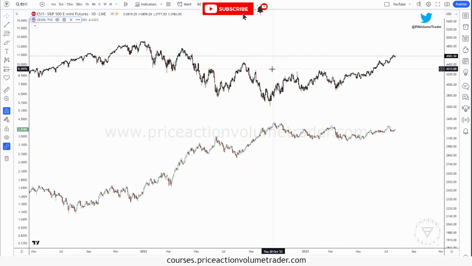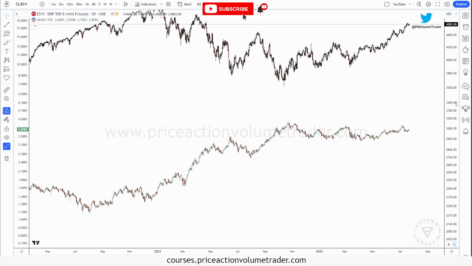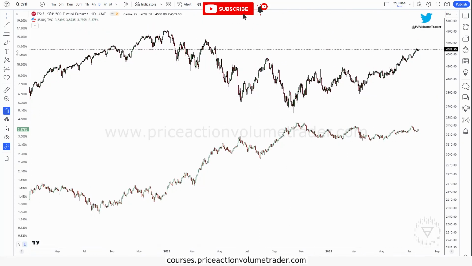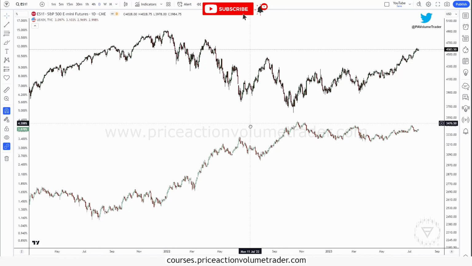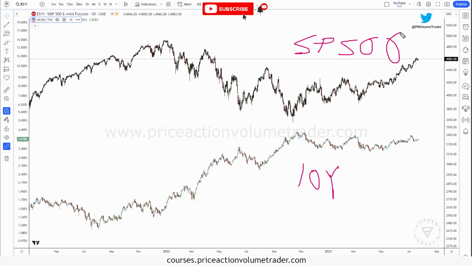And then just to finish, if we compare US equities such as the S&P 500 with the Treasury bonds, in this case we have the 10-year note in the bottom. So the 10-year note against the S&P 500. In general, stock prices, stock futures and the bond markets trade in an inverse relationship.